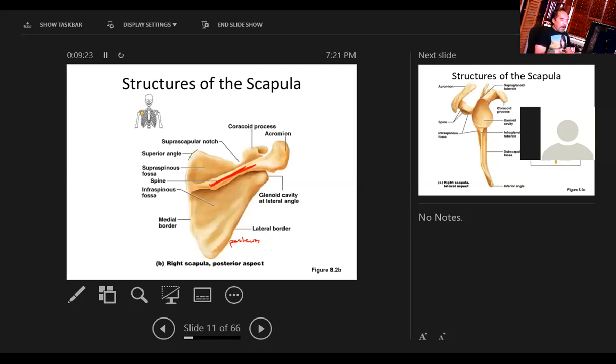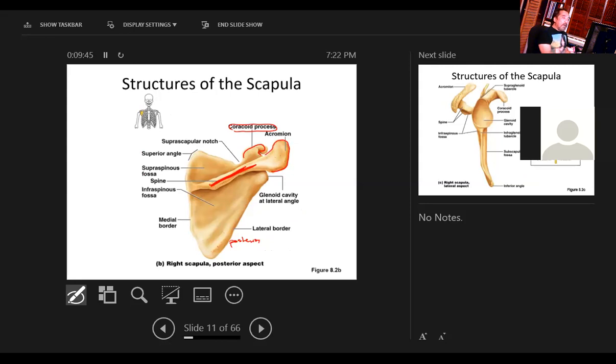I've got my spine, okay? I see this bump at the front, okay? That is called the coracoid process. I see the end of the spine ends as a bump. That is called the acromion process, okay?